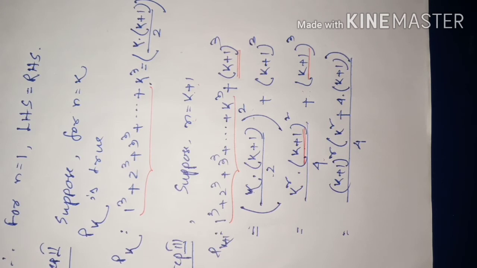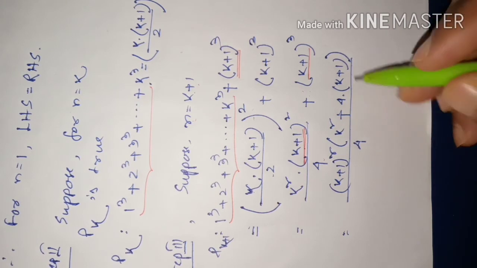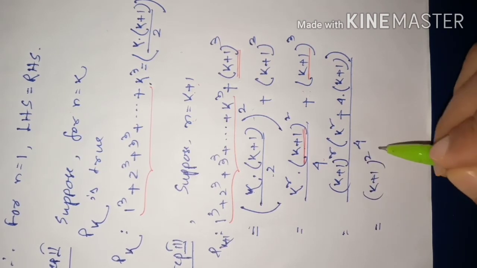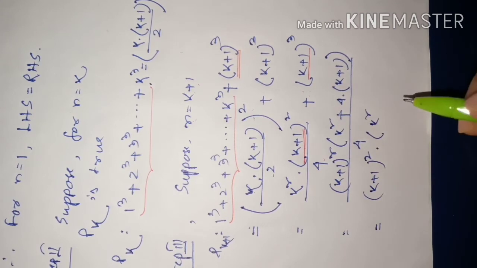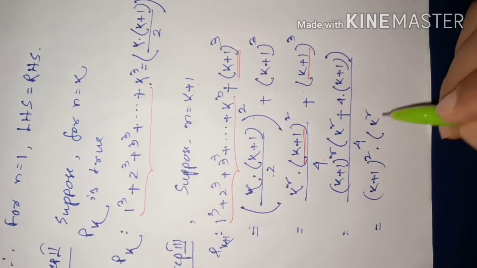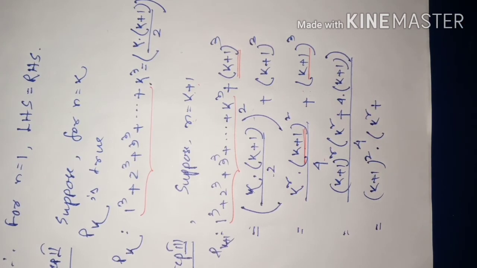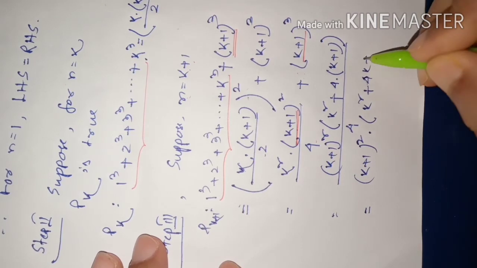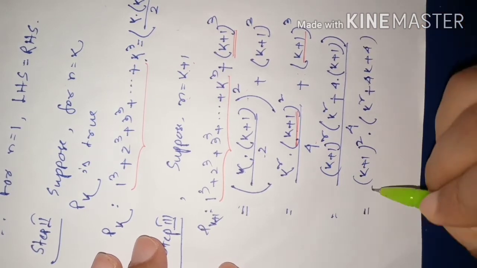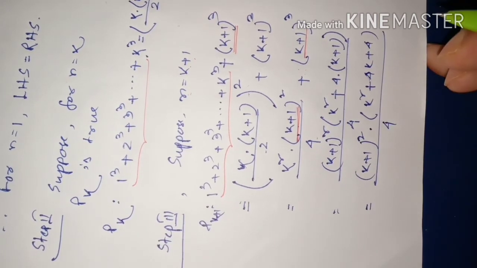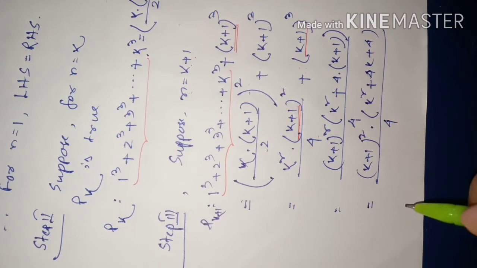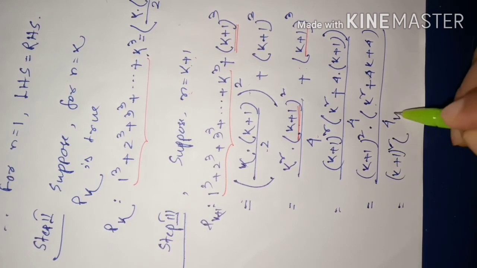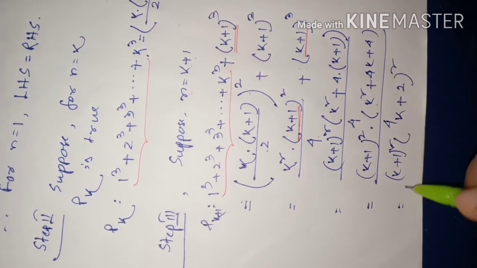Now dear students, if we open this one, it will be again just like this. See, k plus 1 whole square into, this is k square, plus, if you open this bracket, what will happen? 4k plus 4 into 1, 4 divided by 4. Now you see dear students, this is k plus 2 the whole square. So we can write like this, k plus 1 whole square into, this is k plus 2 the whole square, divided by 4.